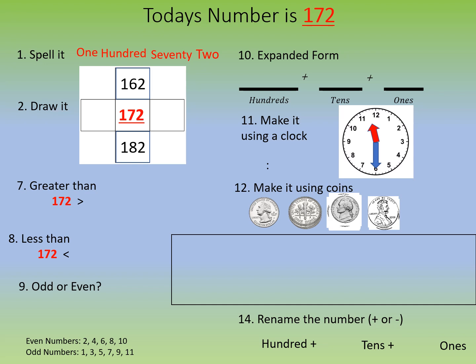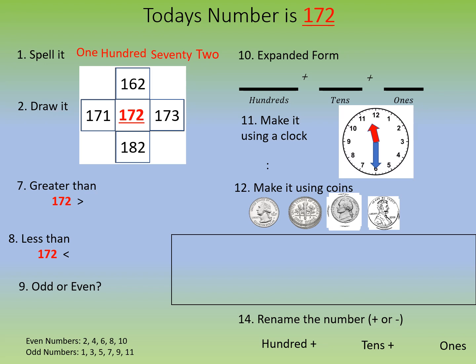Then we have 1 less than 172. This time we only change the ones column. So we'll change the 2 and make it 171. We have 171, 172. What comes next? One more would be 173.